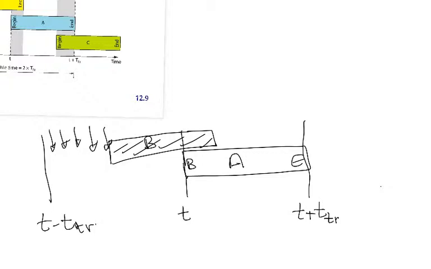So at any point in time within this range, the node will have a collision, and at this point in time there will be a collision.